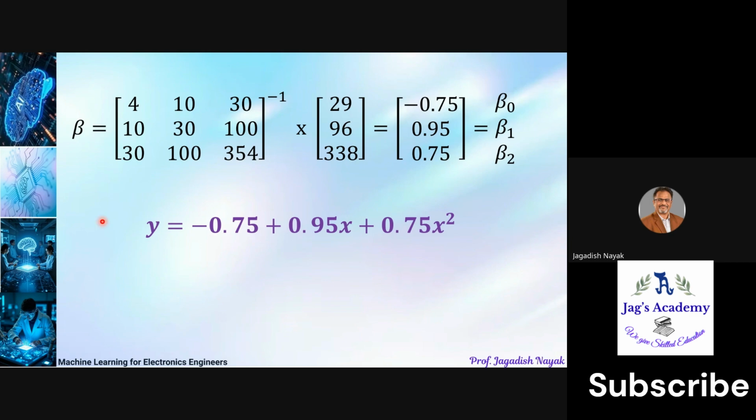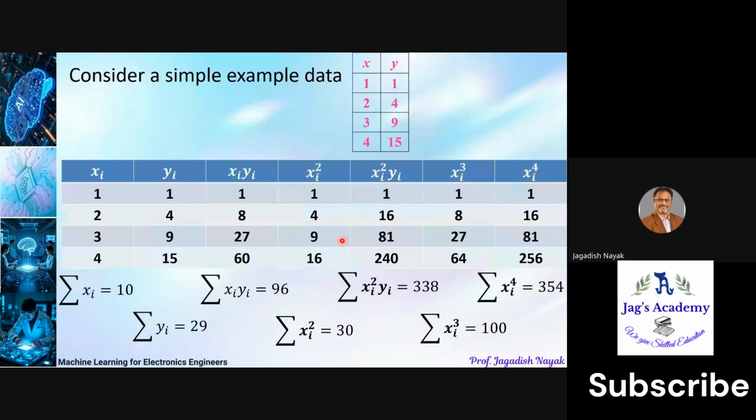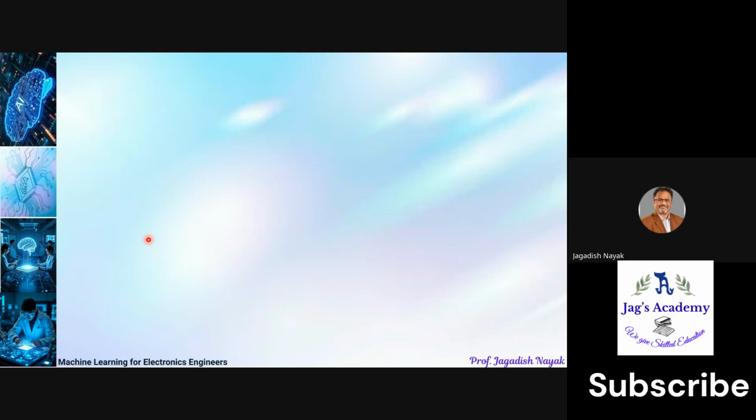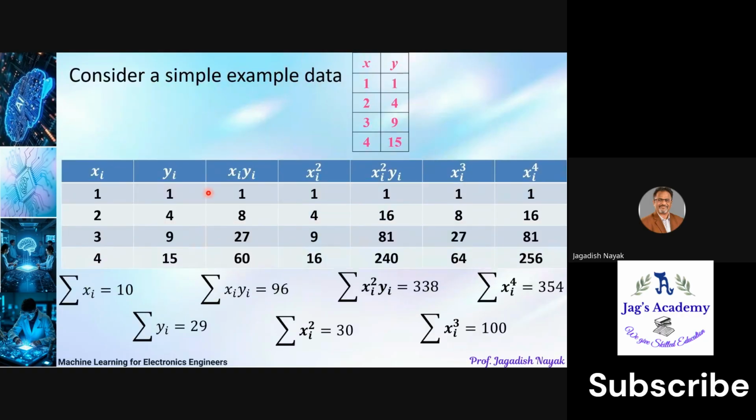You got this polynomial here. Now you can predict the value of y for the given training values. For the training values, you just calculate the value of y, which is going to be y cap. You can calculate the y cap here.